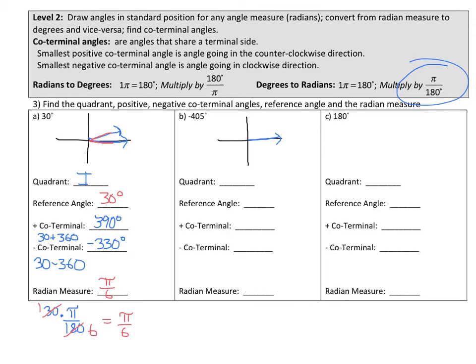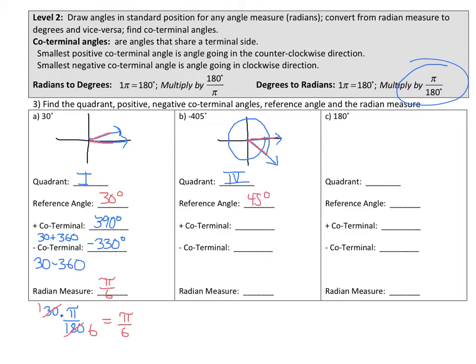So if I make a full circle and then go another 45 degrees, I'm going to end up about right there. That would be negative 405, and that landed in quadrant 4. The reference angle is the positive acute angle formed by the terminal side and the x-axis, so that would be 45 degrees.